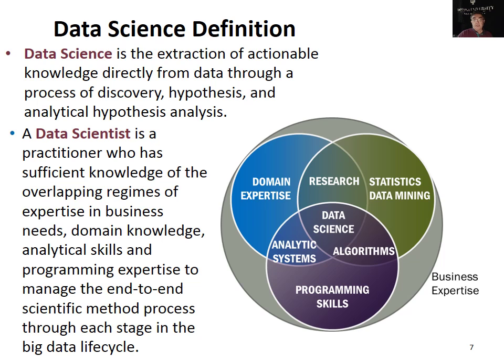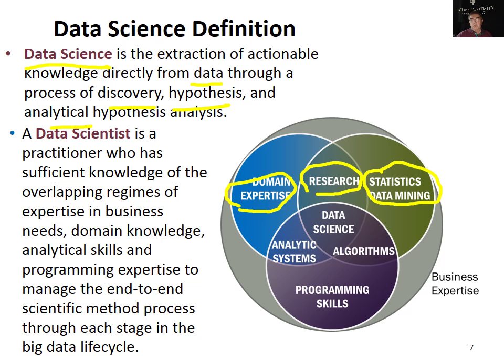So here we have the definition of data science. It's the extraction of knowledge directly from the data through a process of discovery, hypothesis, and analysis. Here we have the components. There's a research component. We have statistics. Statistics is part of the IU data science effort. We have the various domain expertise.